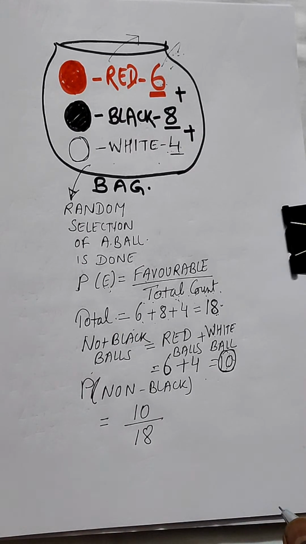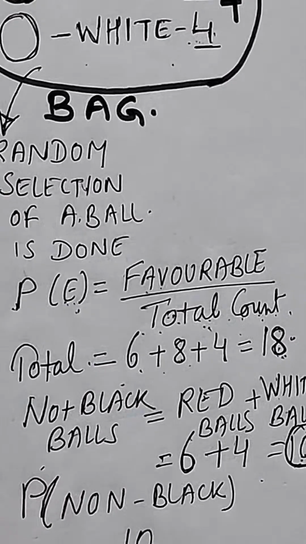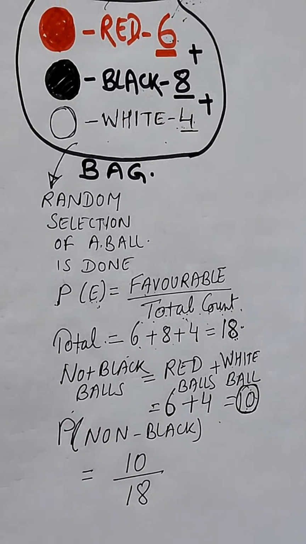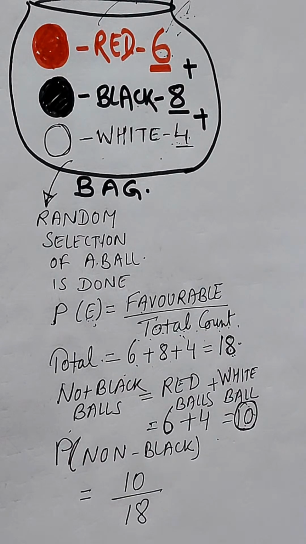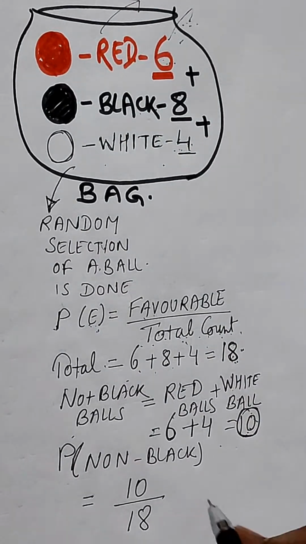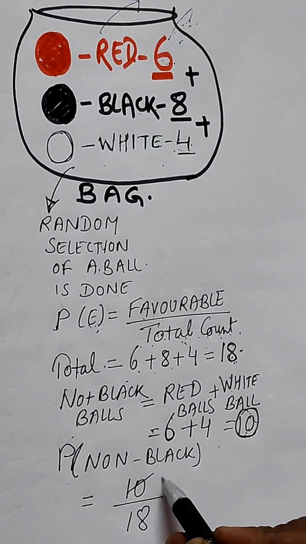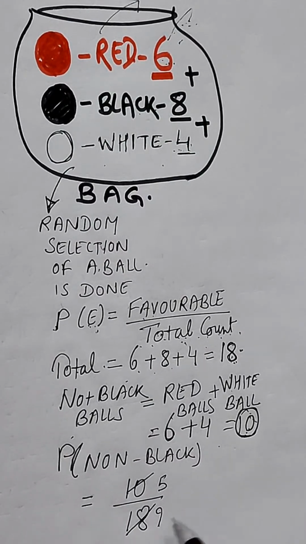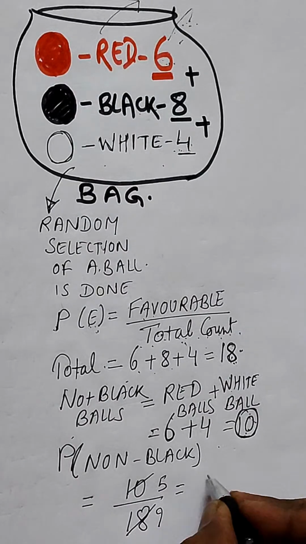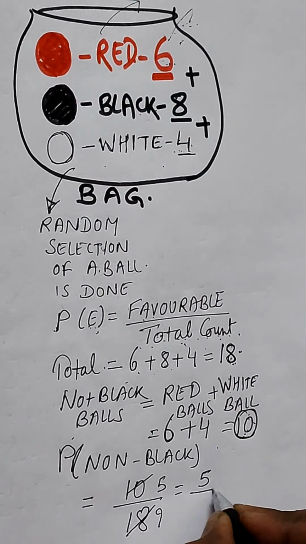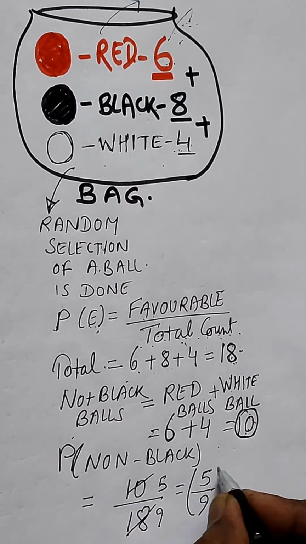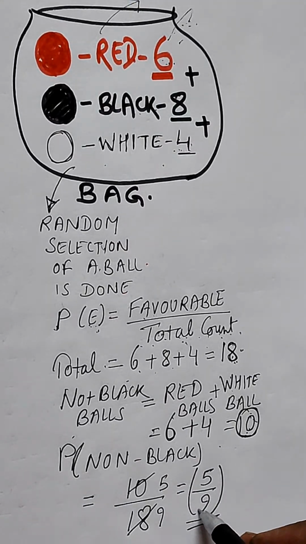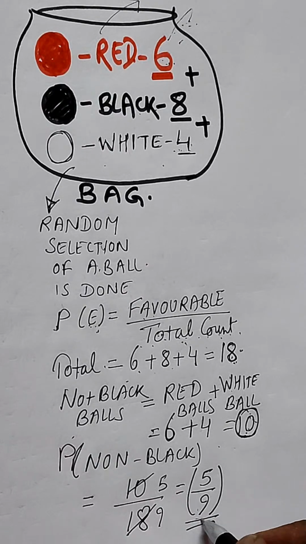And this will give you, 2 5s are 10 and 2 9s are 18. So this will give you 5 by 9. So 5 by 9 is the probability of getting a non-black ball.